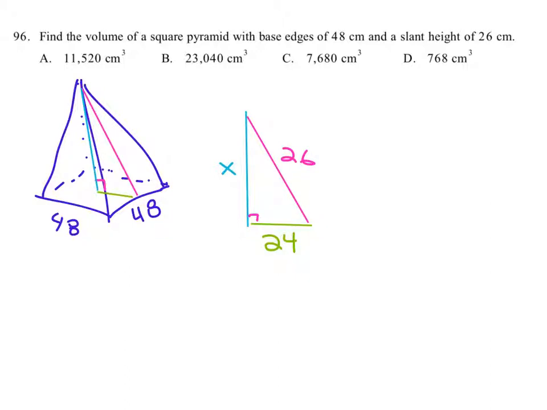Well, I happen to know something that you might already know at this point, which is this number, the 26, is 13 times 2, okay? And this 24 is just 12 times 2. So guess what?